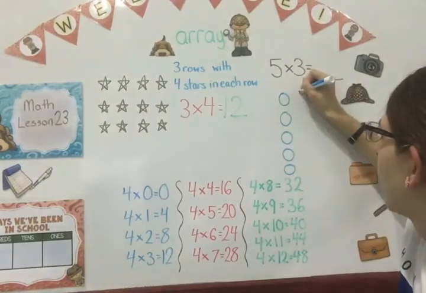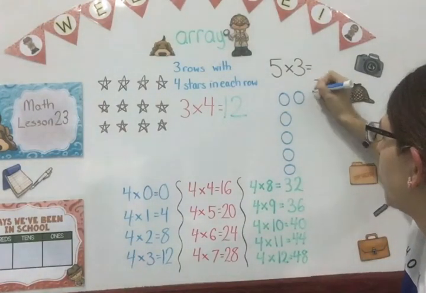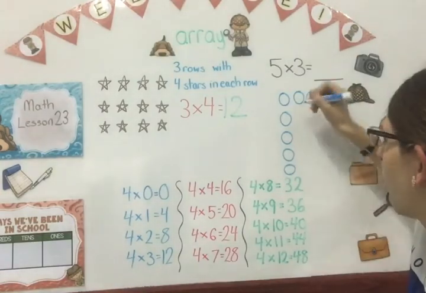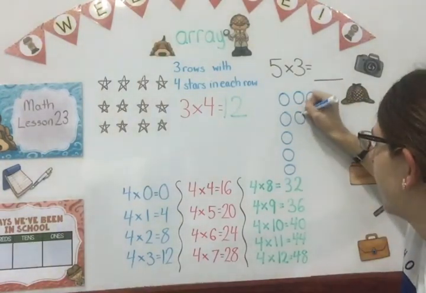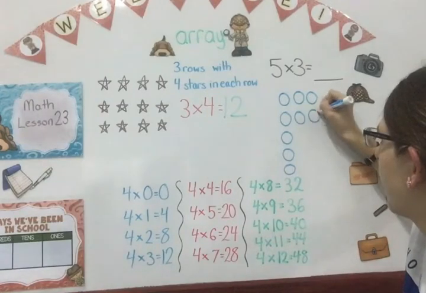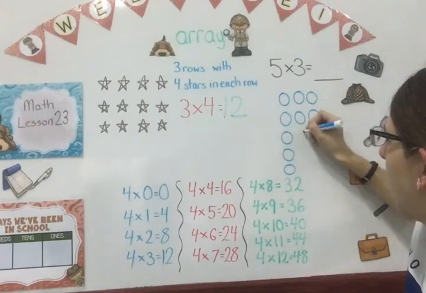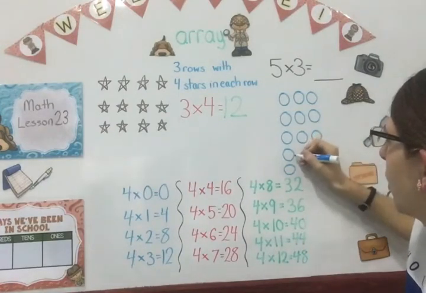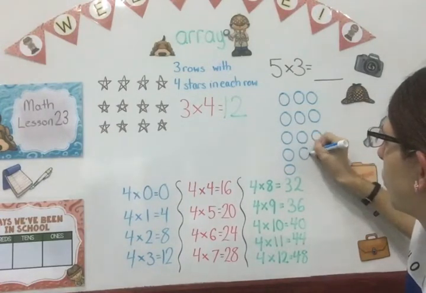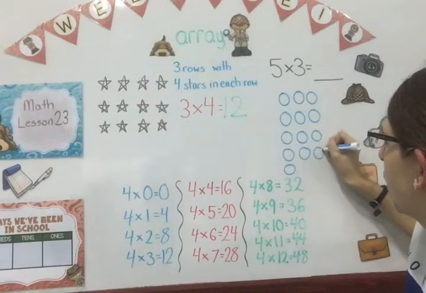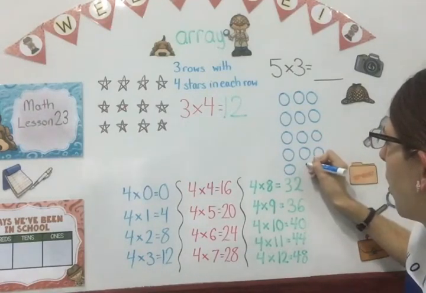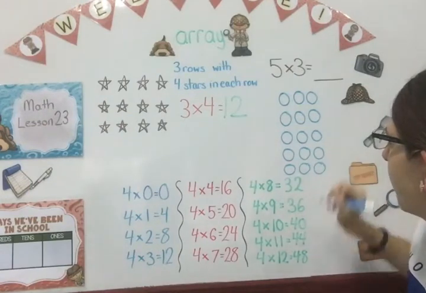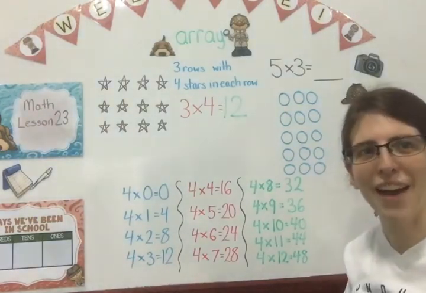And now I have 1, 2, 3 for each row. 1, 2, 3. And there you have it.